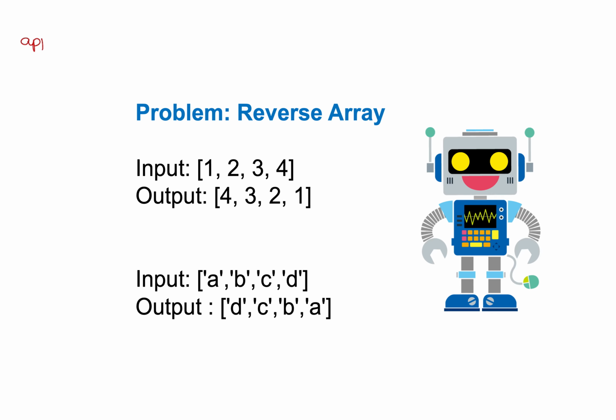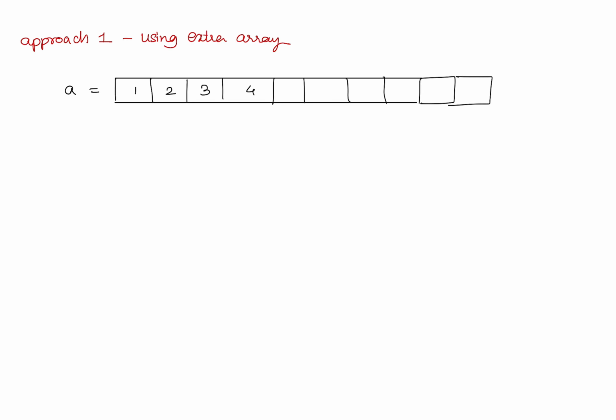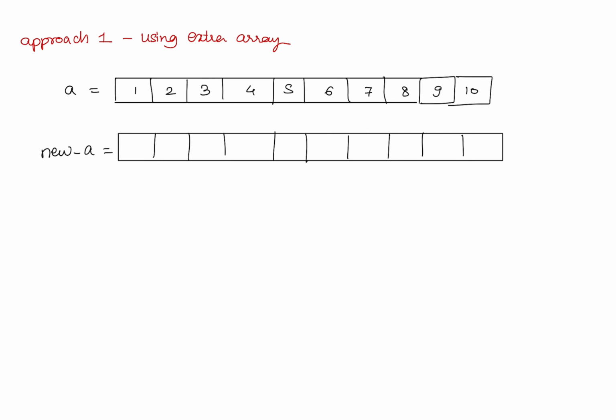Let's first solve it using the naive approach, which is using an extra array. Let's say variable A is our array 1, 2, 3, 4 till 10. The reverse array would be 10, 9, 8, 7 till 1. Now I'll loop through the first array from the last index. If the first index is 0, then the last index will be 9.